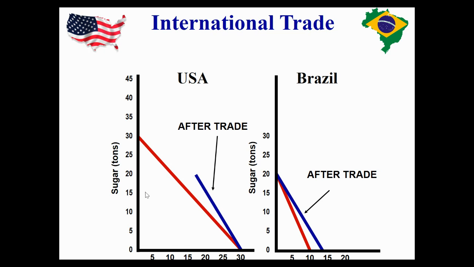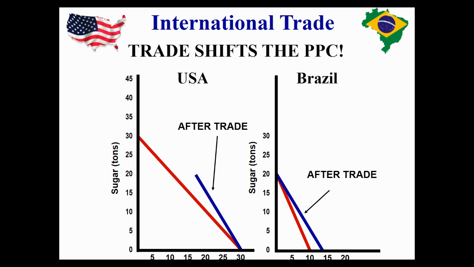But essentially, we could decide on a spot and trade, and we would be somewhere out here. And that's good. That means that overall, we're better off than we were before. So this trade shifts the production possibility curve, or we could say the consumption possibilities with trade. We're able to consume more with trade.